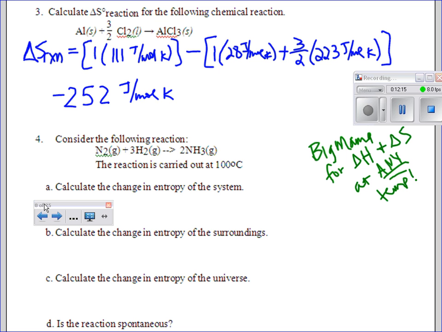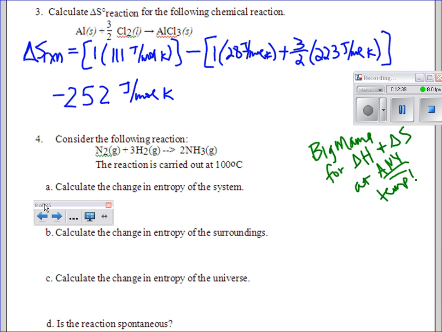So even though the tables at the back of your notes, and the table we got information from, were at standard temperature, which is what in thermo? 25, so 298. It doesn't change a lot with the fluctuation of temperature, so it's cool to use Big Mama for delta S and delta H all the time from the tables.